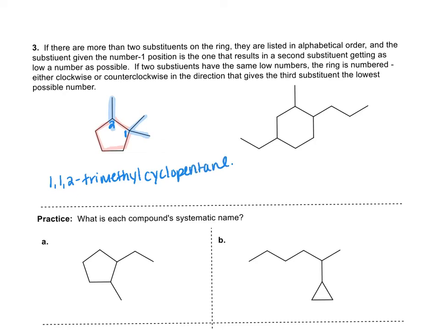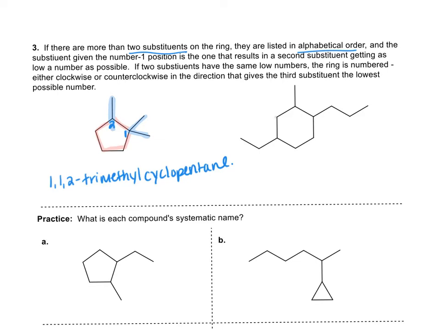So just to be clear, if there's 2 substituents on the ring, they are determined alphabetically. And as we said, basically the 1 position goes to whichever one comes alphabetically first. If there's 3 substituents, the first priority is giving everyone the lowest possible number.